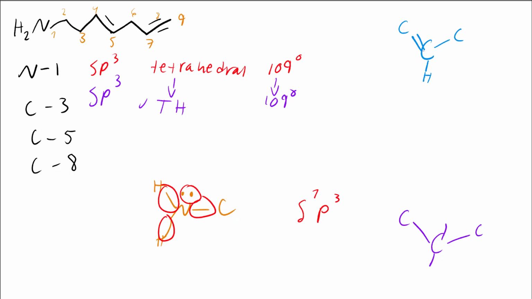This is actually sp2, because it doesn't matter if it's a single bond, a double bond, or a triple bond, or even a quadruple bond, which we'll get into later, not in this class, but it doesn't matter how many bonds are in one zone. It's just a zone. So you can have a triple bond that is still one zone, right? You can have 2 bonds that is still one zone.